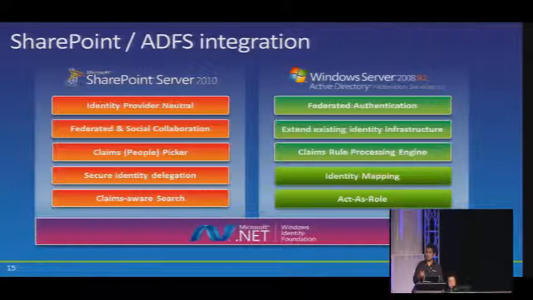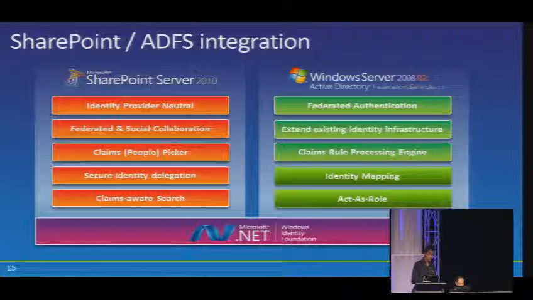It's also possible in business connectivity services, in a model where you're connecting to web services sitting outside your premises. Being able to pass on some of that identity information to them is now possible using the WS-Trust protocol. So that's a plus point.